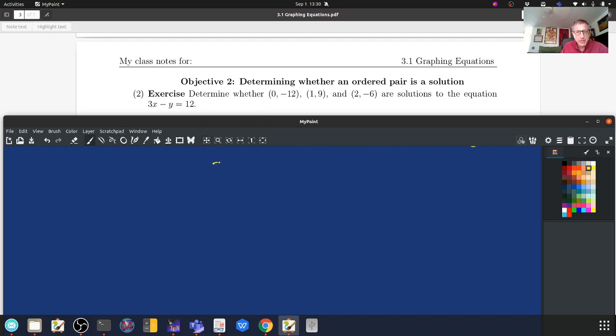We're given the equation 3x minus y is equal to 12. And then we're given several ordered pairs. Remember, each one of these gives us a value of x and the value of y.